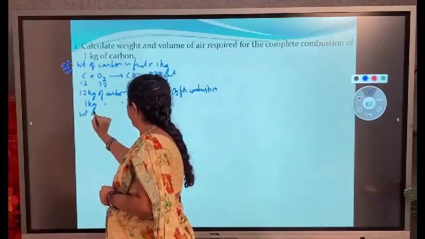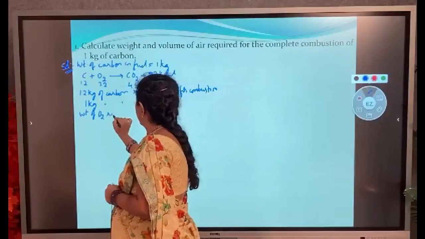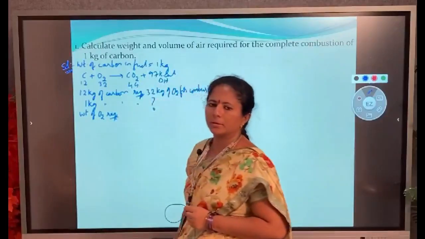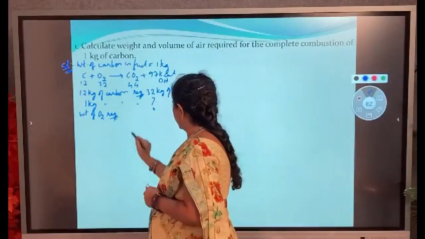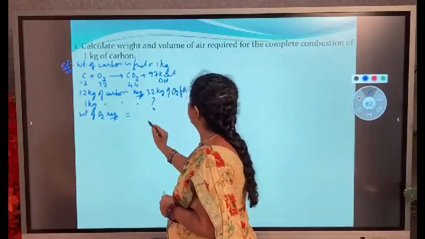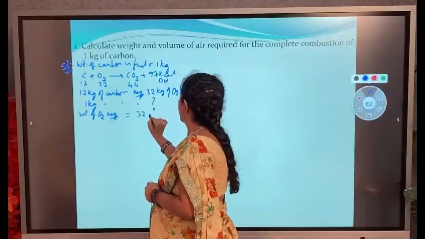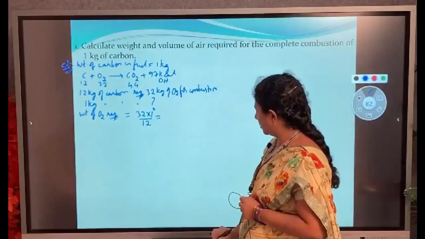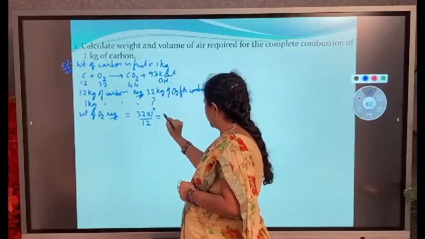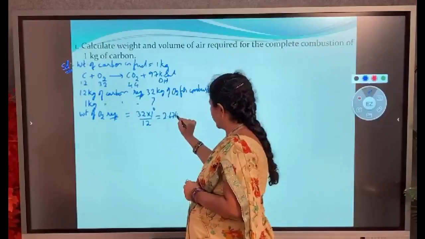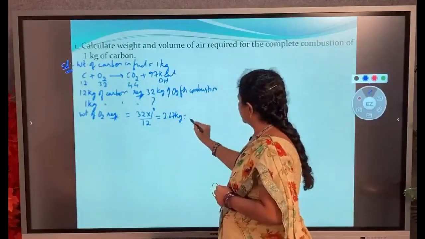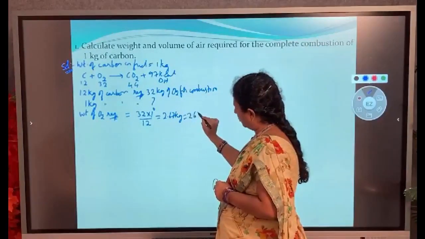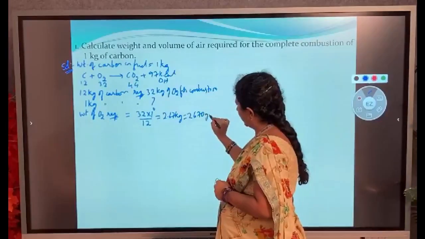So, weight of oxygen required for combustion will be equal to 32 into 1 by 12. This will be equal to 2.67 kgs, which is equal to 2670 grams.